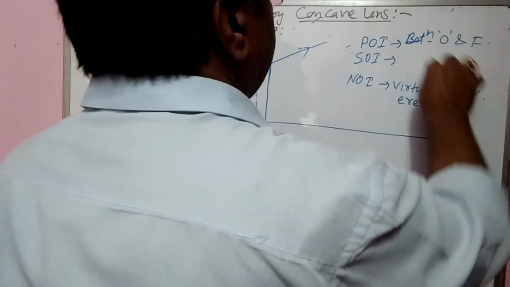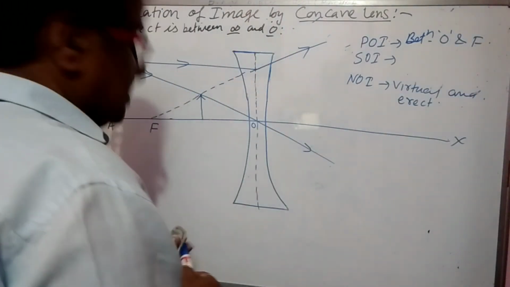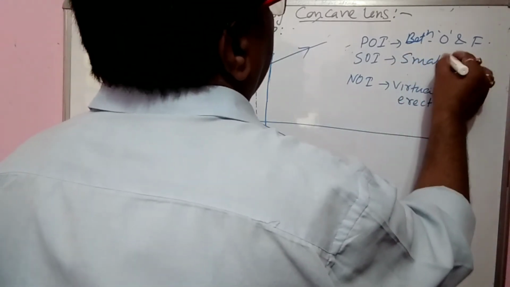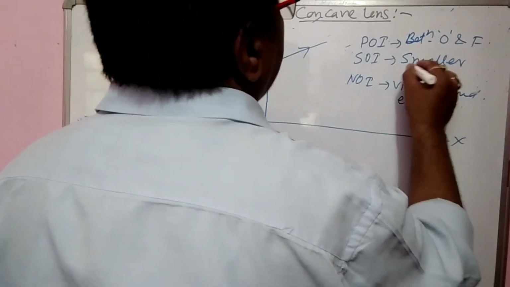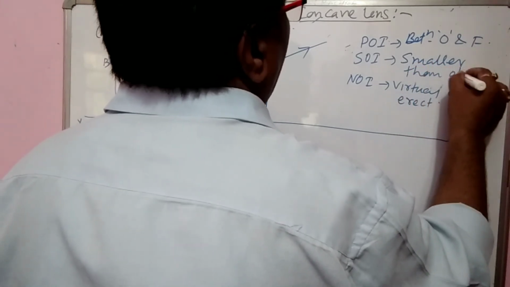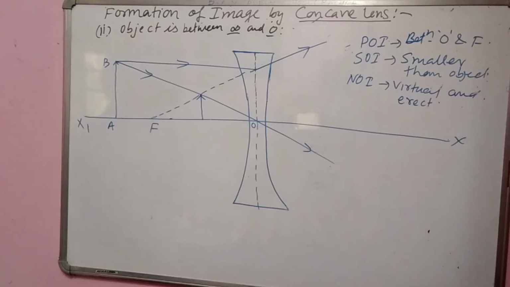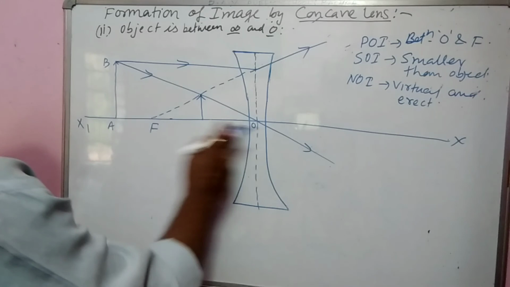In the previous case it was point sized, but here it is smaller than the object. So the concave lens always forms a smaller image with respect to the object. It always forms a virtual and erect image, and the position of image varies between O and F.